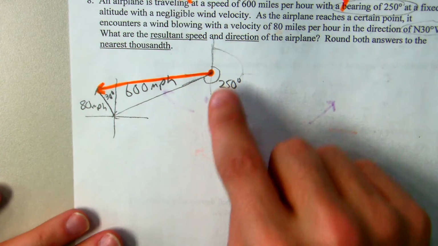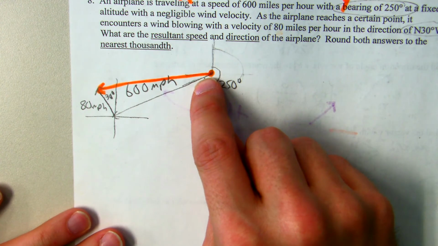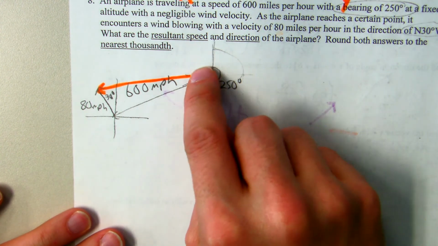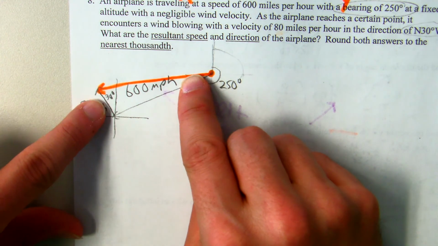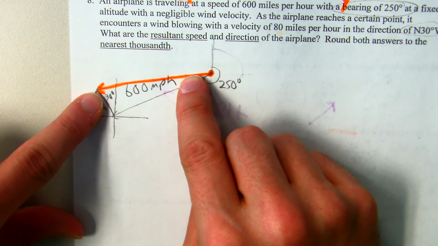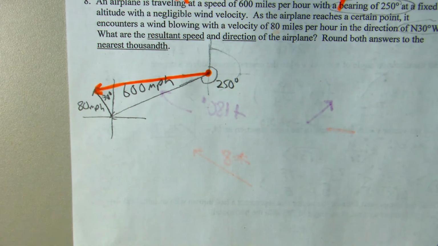And if this angle was 200, 180 plus 20, and this wind's pushing it up a bit, then the angle's going to be a little bit less than that, like 195 or something. So I have a reasonable ballpark for my answers without even looking it up. Scientifically, we need to be much more accurate than that.